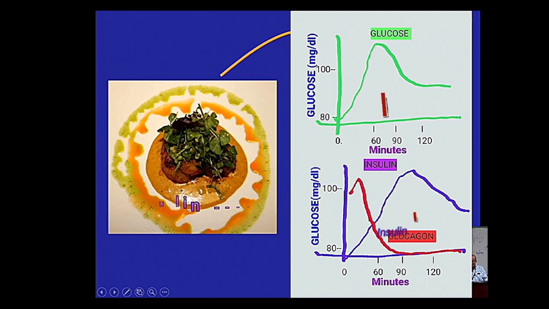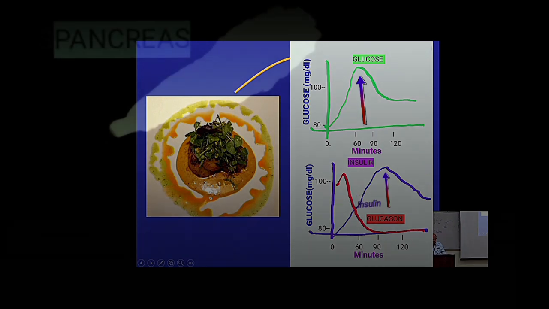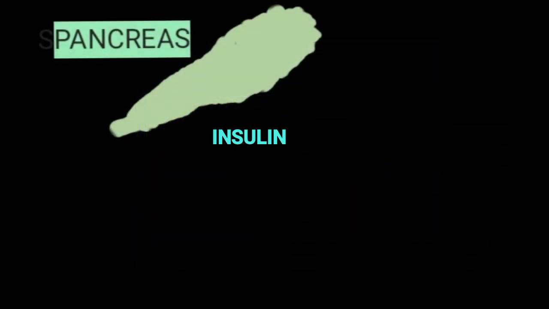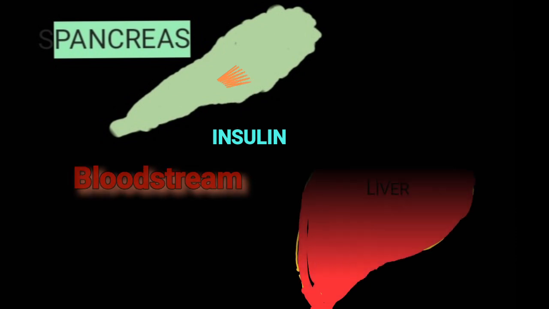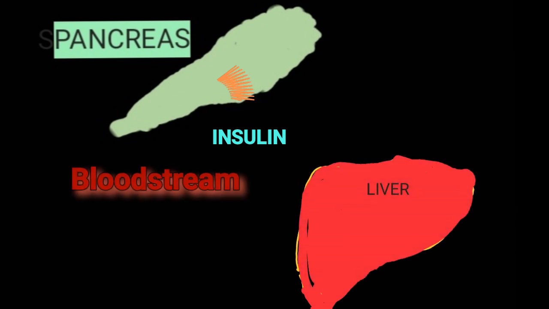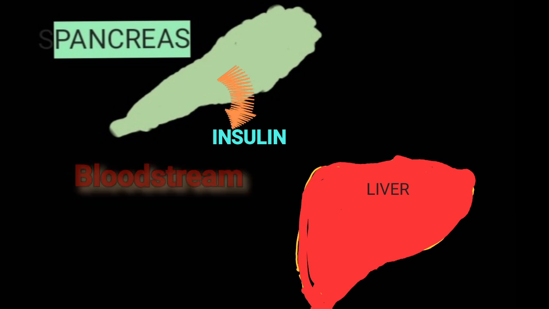That insulin is secreted by the beta cells of the pancreas. That hormone insulin is going to get in the bloodstream and go anywhere in the body there's circulation. It is going to look for a specific receptor, would be called the insulin receptor.